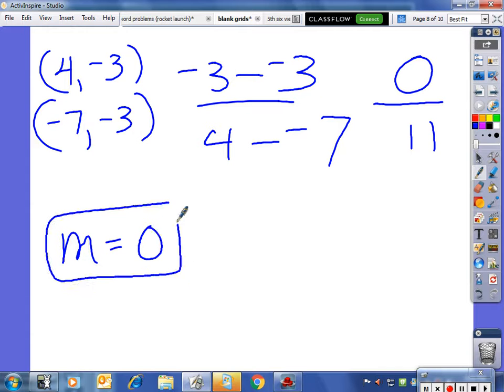The slope is 0. It's undefined when the 0's on the bottom. If the 0's on the top, then the slope is just 0. No, it's not undefined. What kind of line is this? This is horizontal. It is y on top of x. Negative 3 minus negative 3 is my y's. That's 0. And then I did the x's on the bottom.